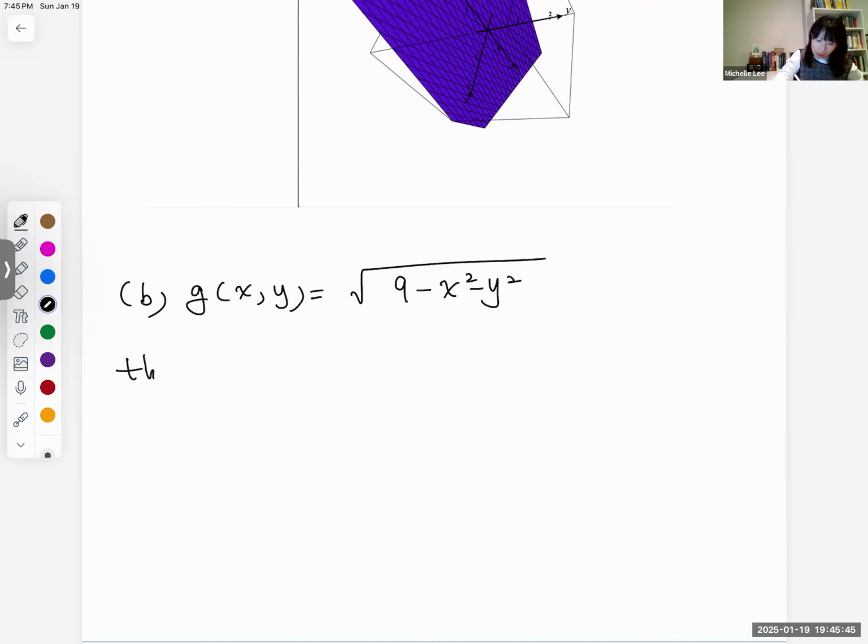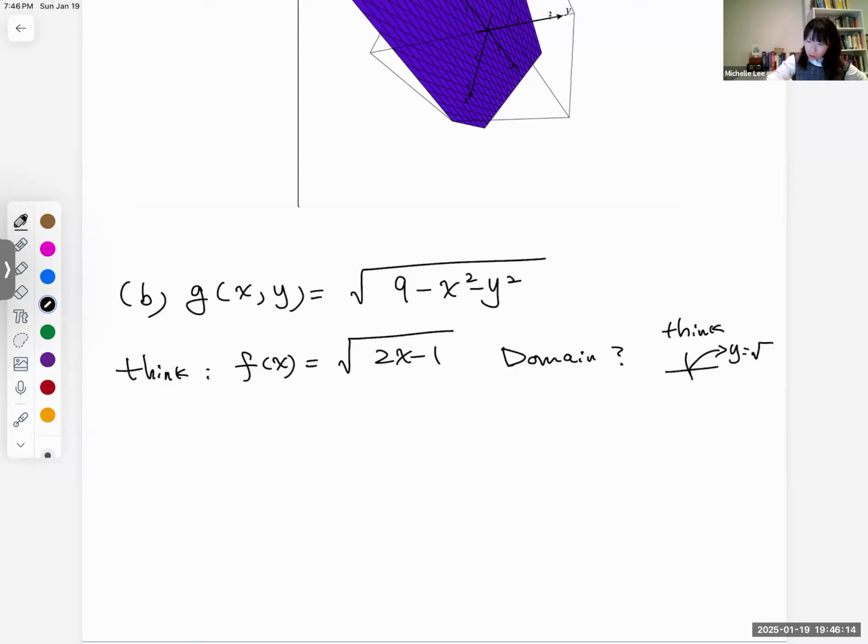If we have the function square root of 2x minus 1, how do you find the domain? It's a square root, so we want the inside to be positive, including 0.